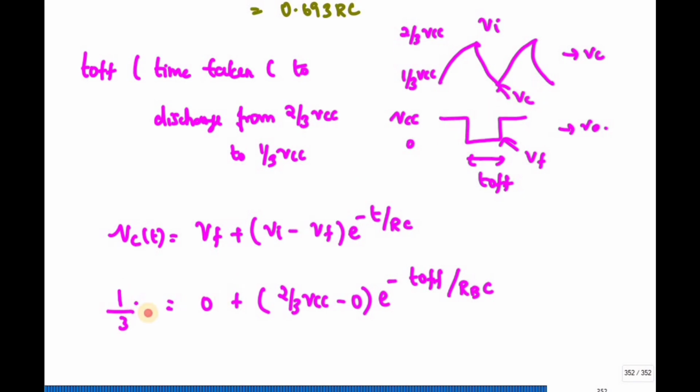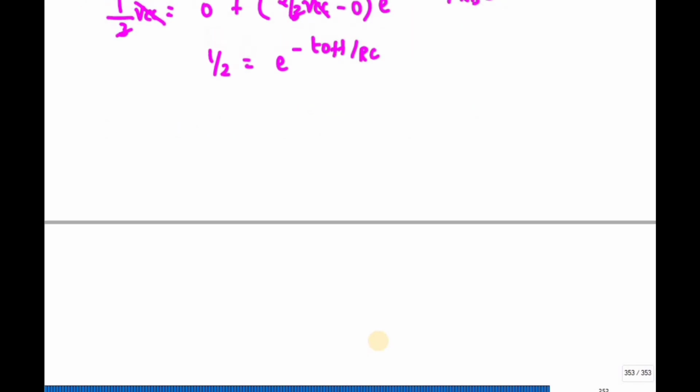So, okay. If I solve, these two get cancelled out. 3 also gets solved. So I will get 1 by 2 is equal to e power minus t off divided by Rc. So if we take ln on both sides, I will get ln of 1 by 2 power minus 1, that is equal to t off divided by RB into C. Right.